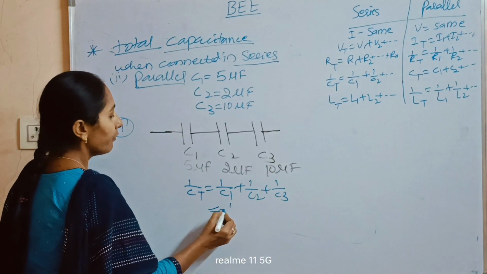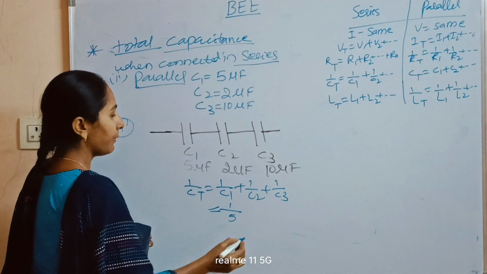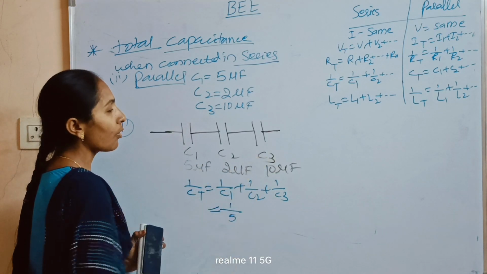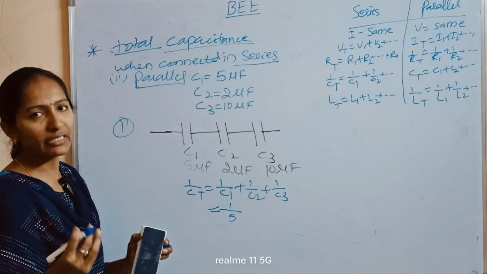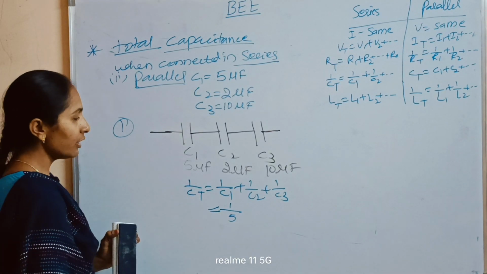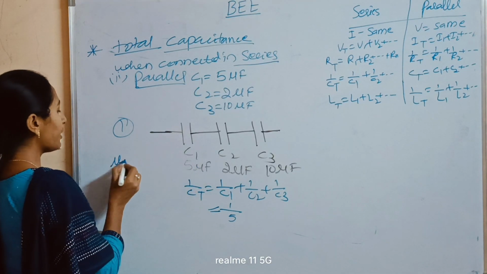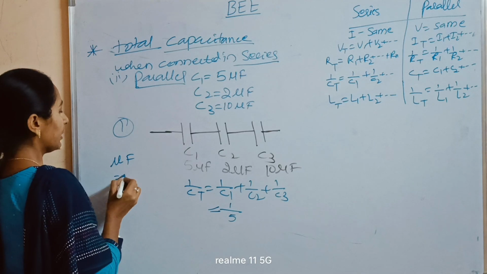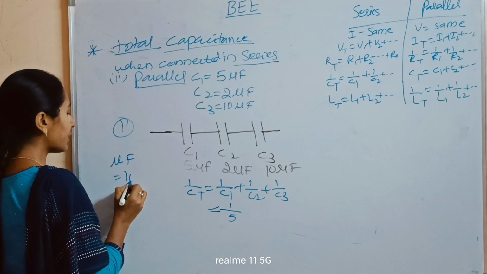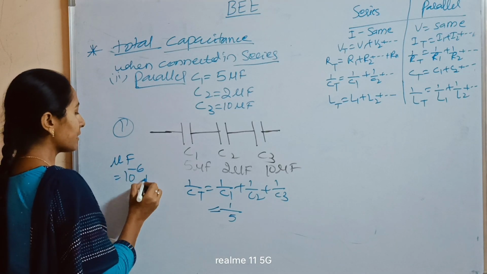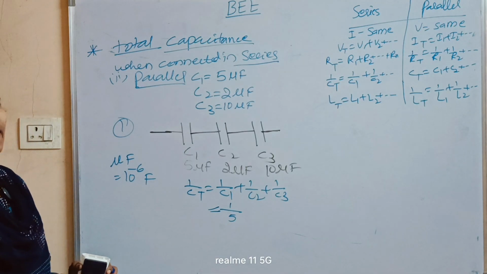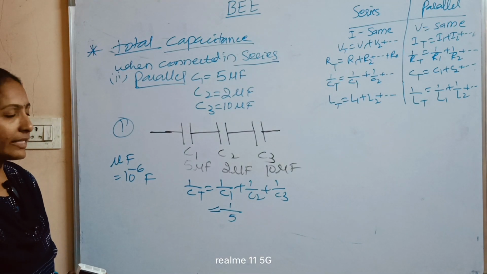So now 1 by C1 is 5. Microfarad is common for all three, so just consider it as the unit. Micro means what? Convert into normal farads, that is 10 power minus 6 farad. Micro is nothing but 10 power minus 6.